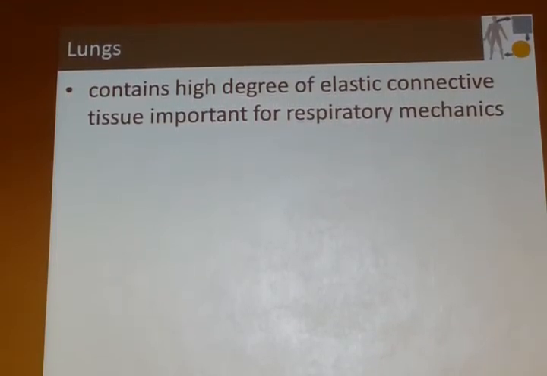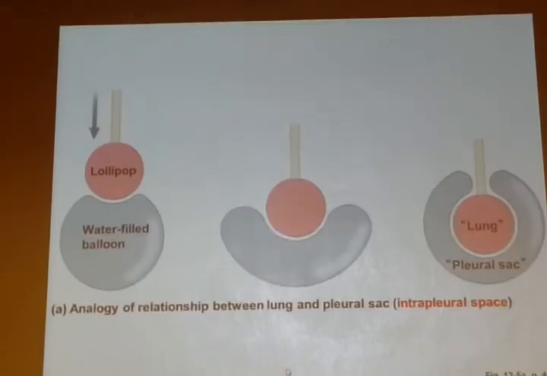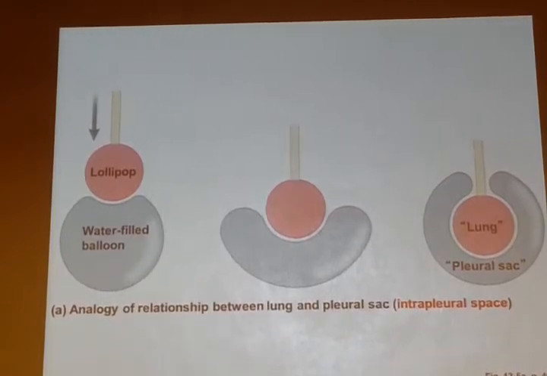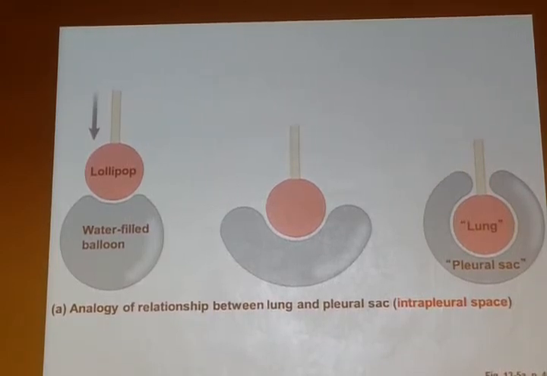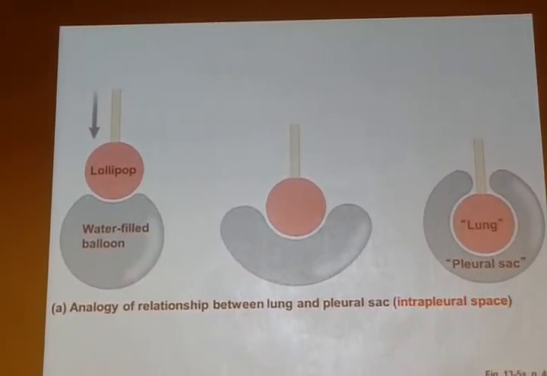But elasticity is important. They say, think of getting a lollipop and shoving it into a water balloon. Now, it's not the same consistency at all of the tissue, but the effect is you're taking a structure that is round, or a lot of 3 million of these little round things on a bronchial stick, and you're shoving it into a water balloon, which is then going to cover the surface of all your little round things, your lollipop, which will be your visceral pleura.